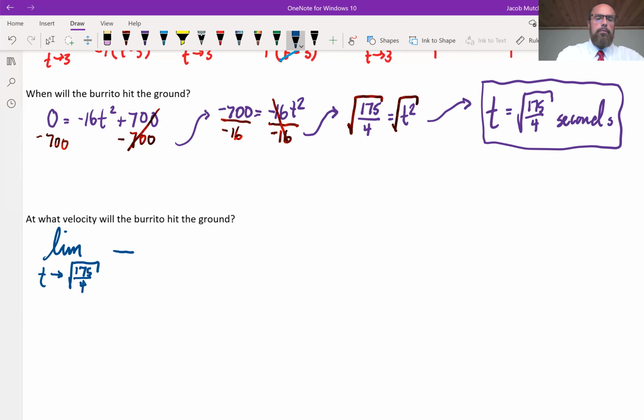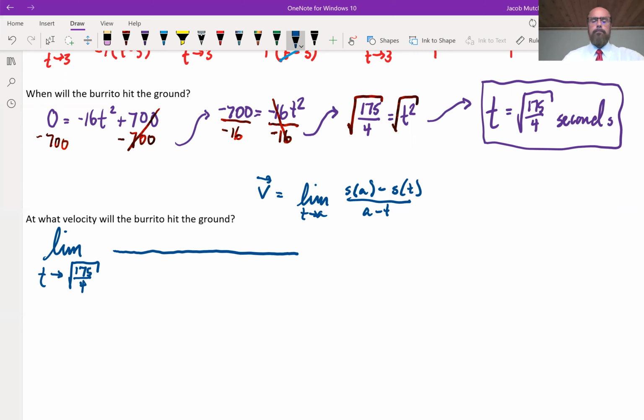And then again, I want to record this as the average rate of change fraction. So recall that was S of A minus S of t over A minus t. And we were saying that if I take the limit as t approaches A, that is velocity as a vector. So let's do that again, but now using this time to hit the ground.